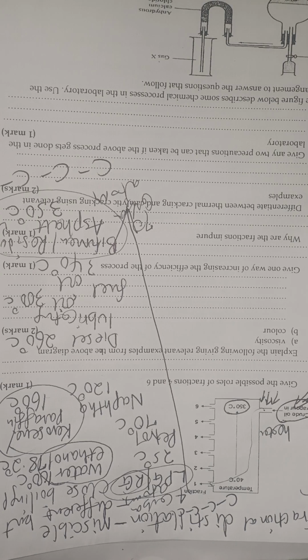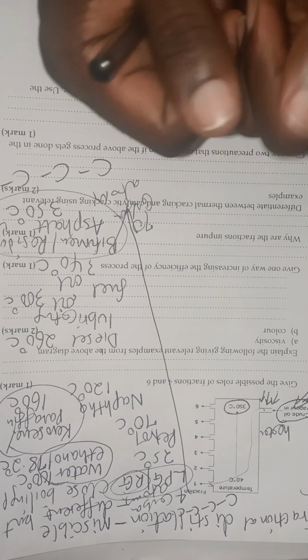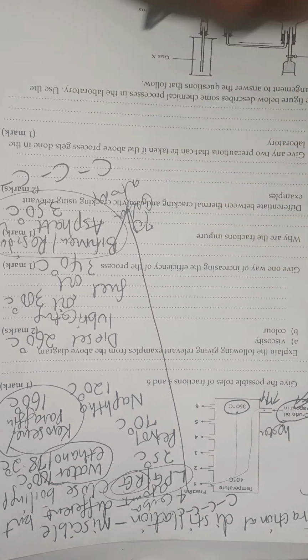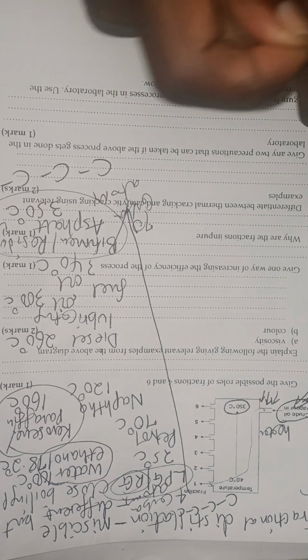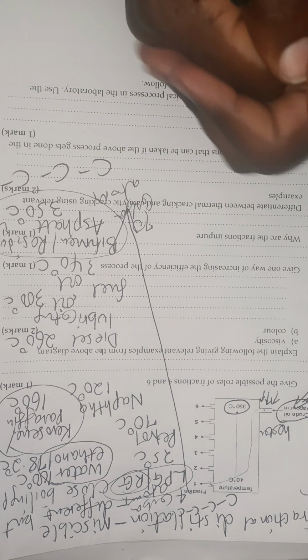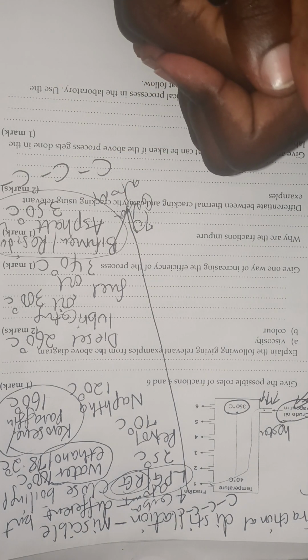Now, there's something called viscosity, the easiness of a liquid to flow. How easily a liquid can flow. You see, if you compare water and porridge or water and honey, you can realize that honey and water have different viscosities. Honey is more viscous, so it does not easily flow.